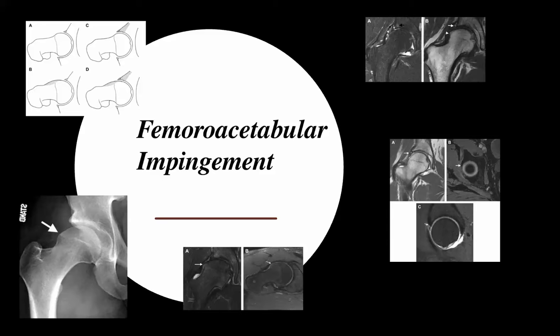In most cases, a combination of femoral and acetabular abnormalities is identified. In addition, hypermobility of the hip can lead to femoroacetabular impingement, even in the setting of only slight osseous abnormalities. It's a combination of repetitive microtrauma from impingement of the femoral head against the acetabulum, and this causes degeneration of the acetabular labrum.